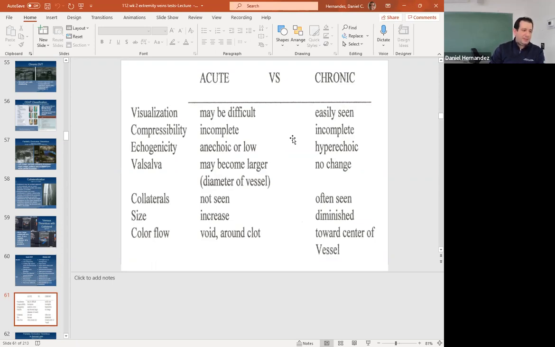Differences in the echogenicity. With Valsalva, they may become larger. Again, collaterals not seen typically with acute, often seen with chronic.